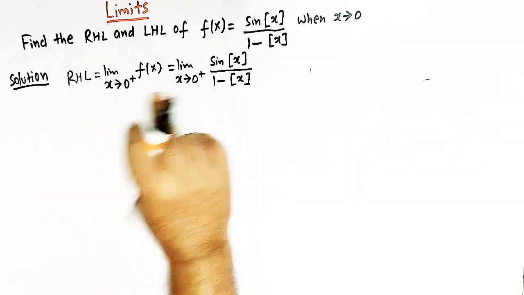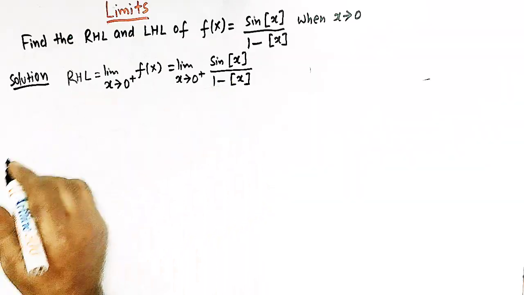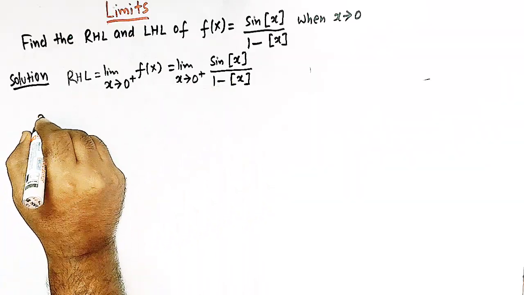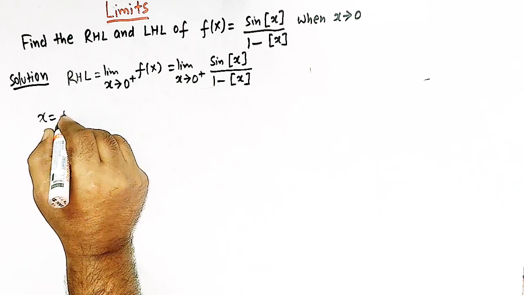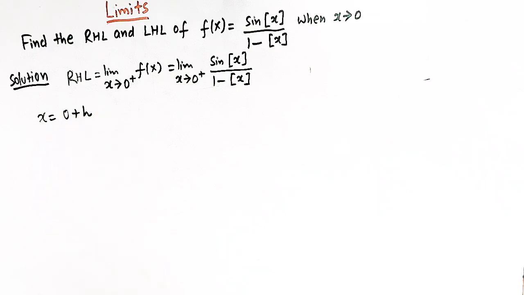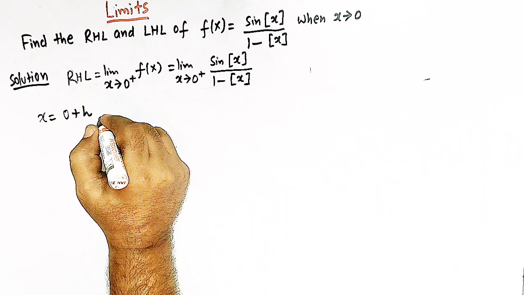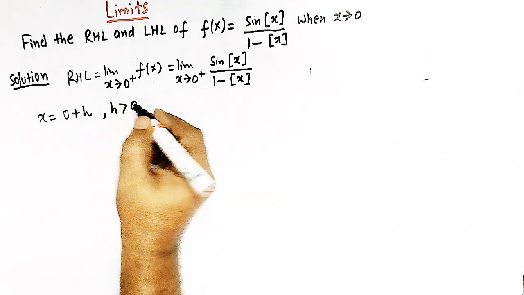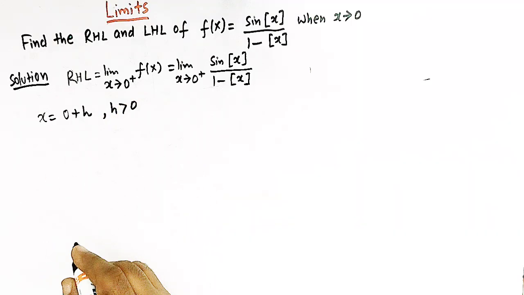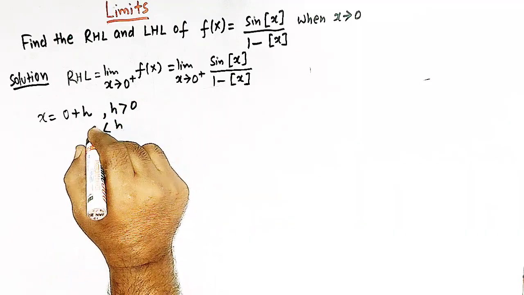To evaluate the right hand limit, we substitute x equal to 0 plus h, where h is an infinitesimally small positive quantity that lies between 0 and 1.